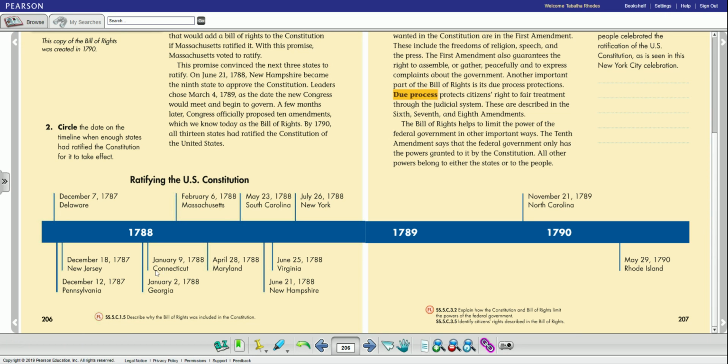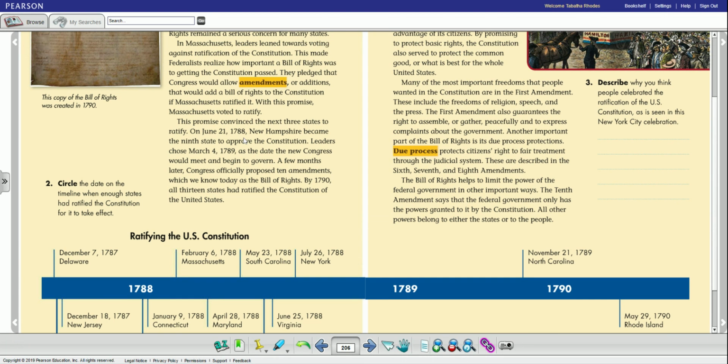If you look down here at the bottom of the page, you have a timeline of when each state ratified the Constitution, and you can see it took a while. It started out in 1787, and then it didn't complete until 1790. So you need to circle the date when enough states had ratified it, and to figure out how many had to ratify it, make sure you read this page.